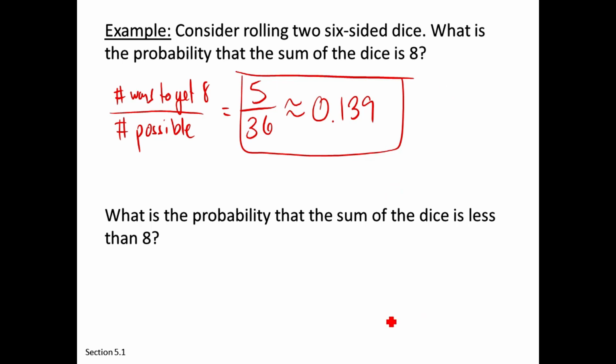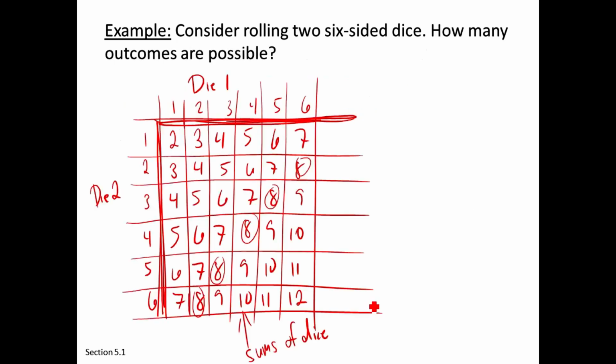What's the probability that the sum of the dice is less than 8? So less than 8 means it could be what? Well, it can't be 1 but it could be 2, 3, 4, 5, 6, or 7. Can it be 8? No. Less than 8. Yeah. So less than means strictly less than. So we're looking for all the ways you can get all the things below that.